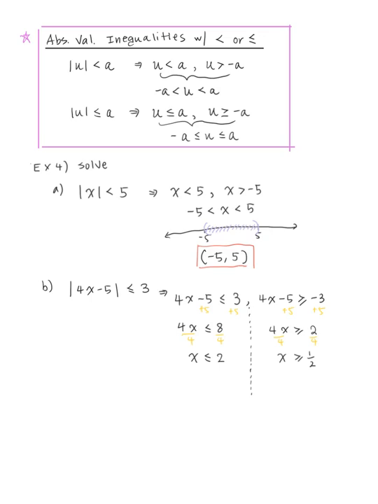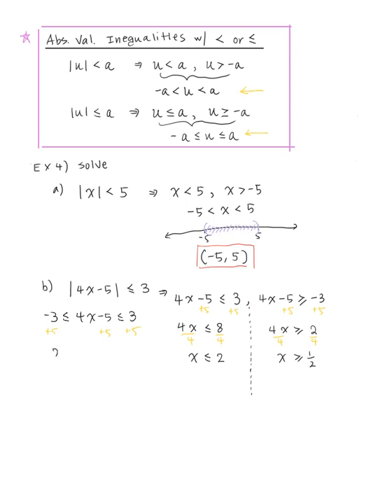Given that the absolute value of 4x minus 5 is less than or equal to 3, we can use this property right here. What we get is negative 3 is less than or equal to 4x minus 5 and less than or equal to 3. You can do it this way and just solve for x. Plus 5, plus 5, plus 5.